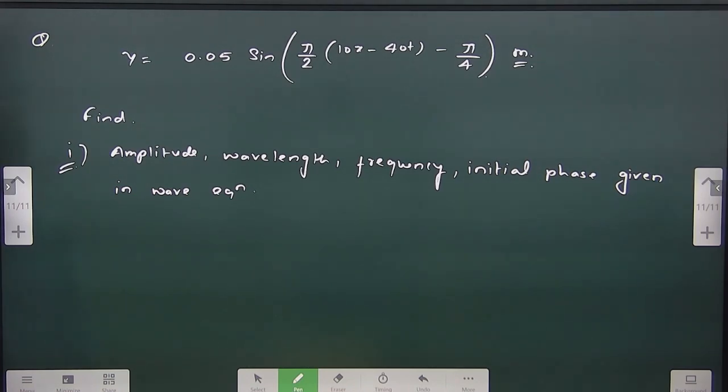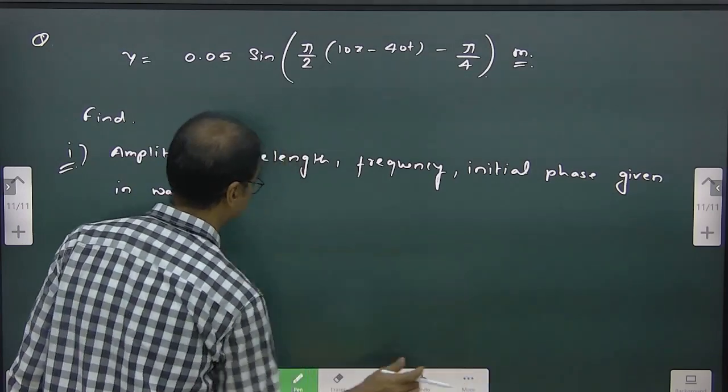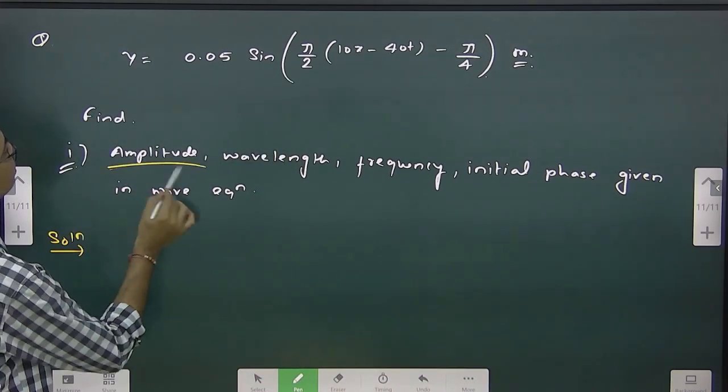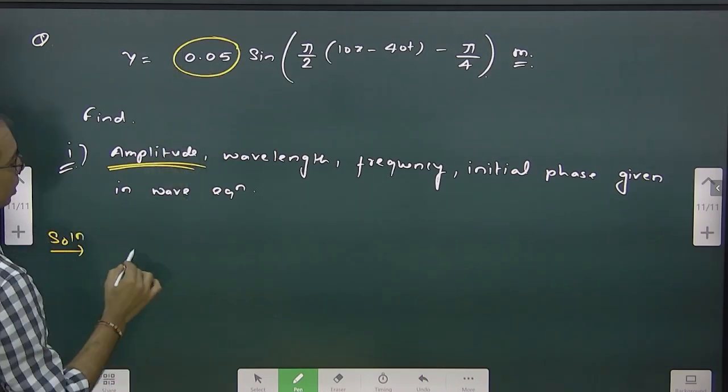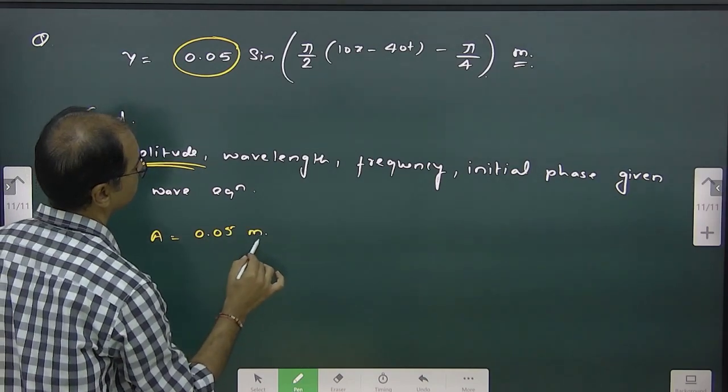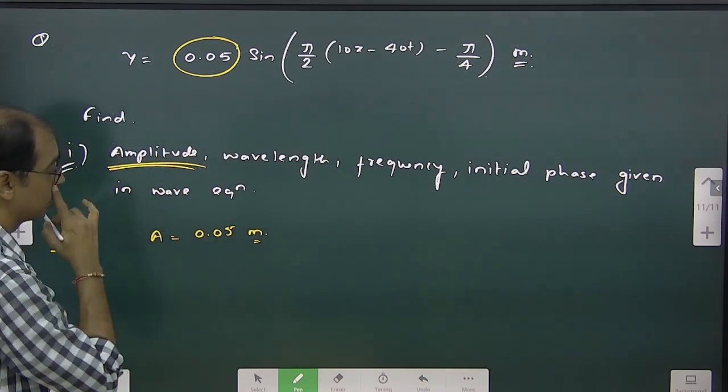Yes, sir. Okay, let's find it fast. Amplitude. What is amplitude? This is the amplitude, right? So amplitude is 0.05 meter. The unit is given in meter, so meter.